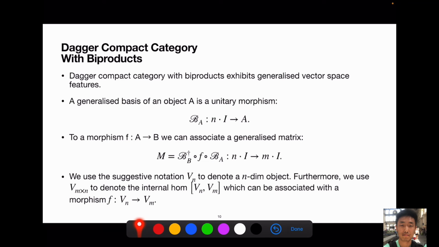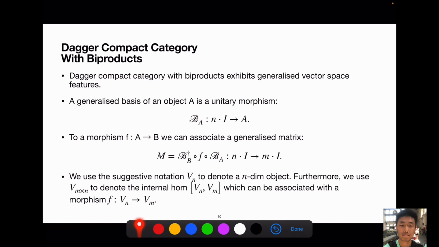You can actually prove that each entry of M is a scalar in terms of monoidal category, that is, an endomorphism on the unit object. The analogy in linear algebra would be that to a linear transformation, we can associate a matrix.